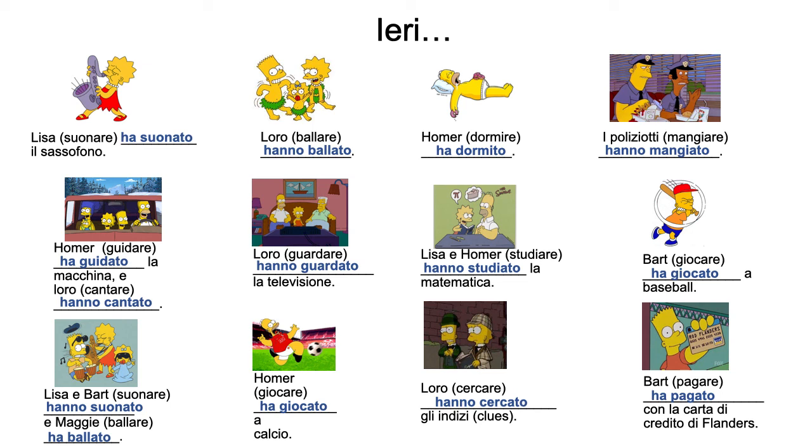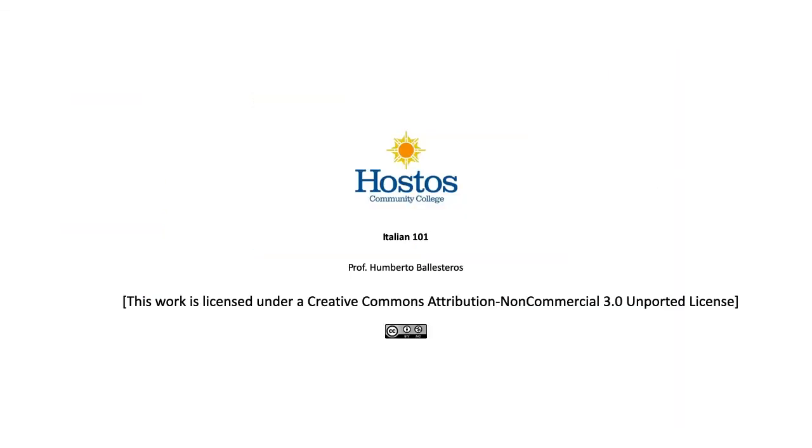Lastly, just as an observation for a later video, there are exceptions. There are verbs that do not use avere in Italian as their auxiliary verb for passato prossimo. Instead of avere, they use essere. But that is a more advanced subject that we will cover later. For now, always remember that when I ask you to conjugate a verb in passato prossimo, you need avere, and then you also need the past participle. Ciao ragazzi, a dopo.